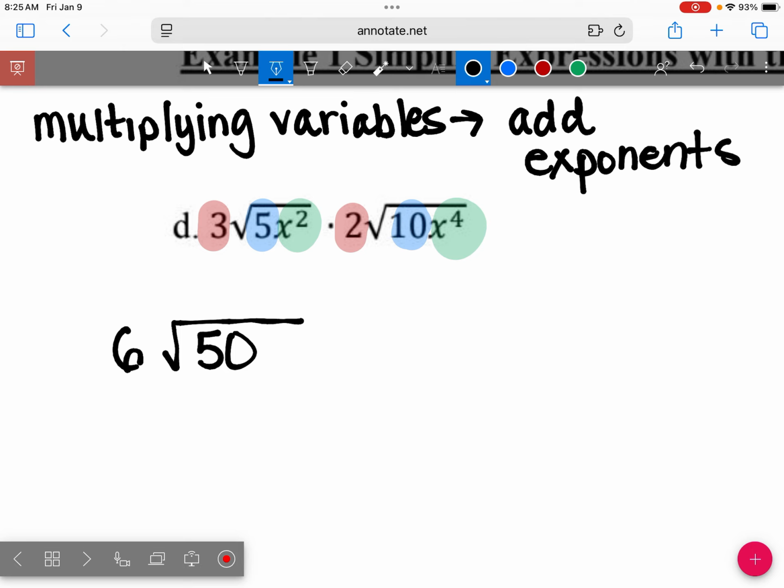So if I'm multiplying x squared times x to the 4th, that would be what? X to the what? 6. Good.